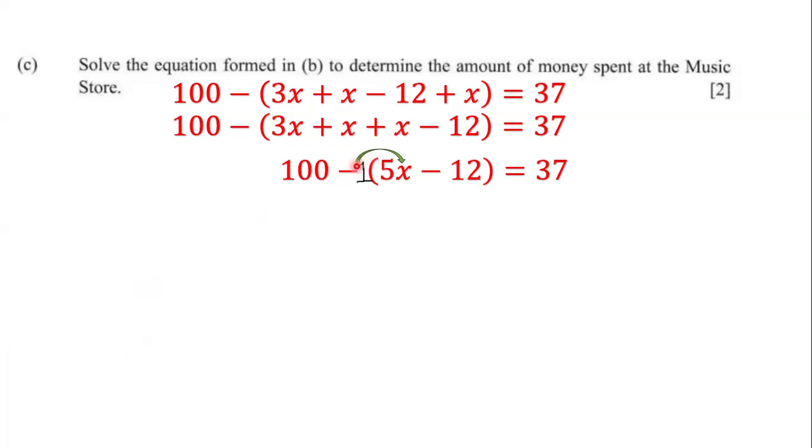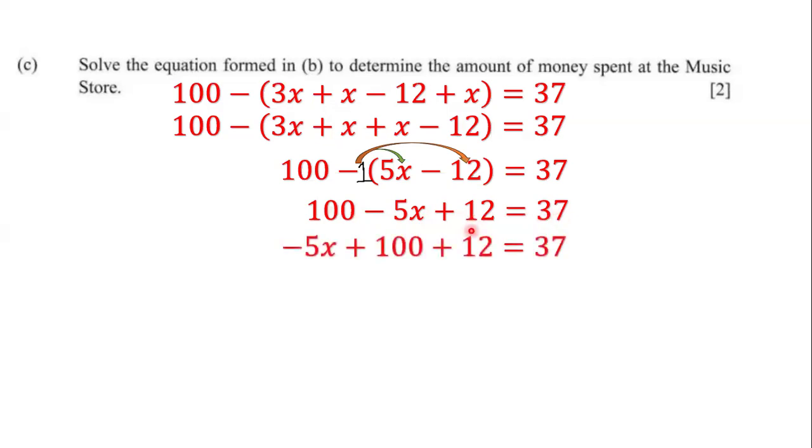So we have negative 1 multiplied by 5X, which is negative 5X, and negative 1 multiplied by negative 12, which is positive 12. And so what we have is 100 minus 5X plus 12 is equal to 37.